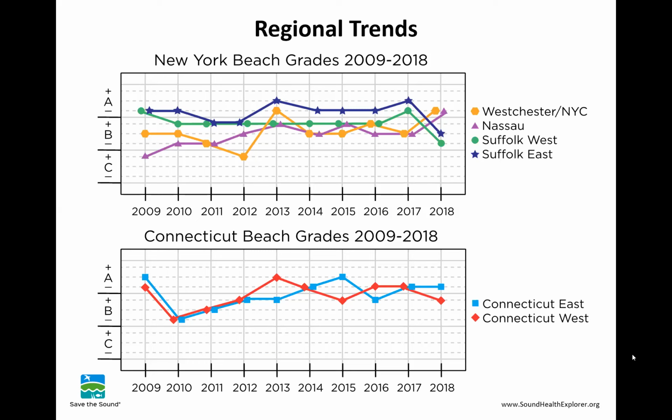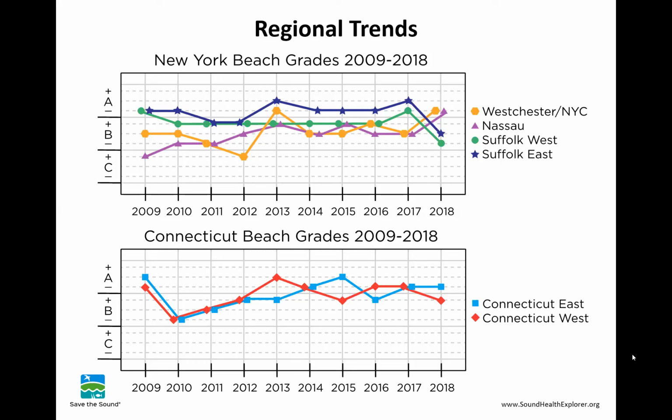So looking at the top for the New York region, you can see, not surprisingly, that Suffolk County out east is consistently higher and at the top of the chart. And Nassau County, which is west, kind of tracks along further below.